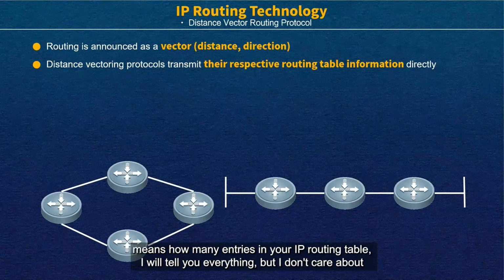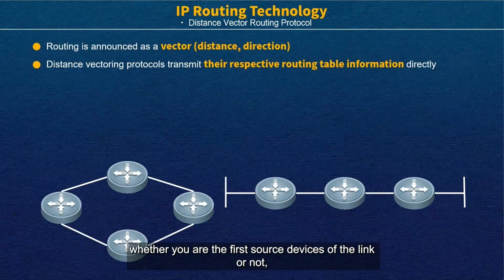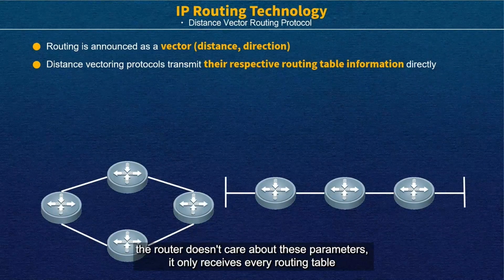That means however many entries are in your IP routing table, I will tell you everything. But I don't care whether you are the first source device of the link, the intermediate, or the last hop. This route doesn't care about these parameters.